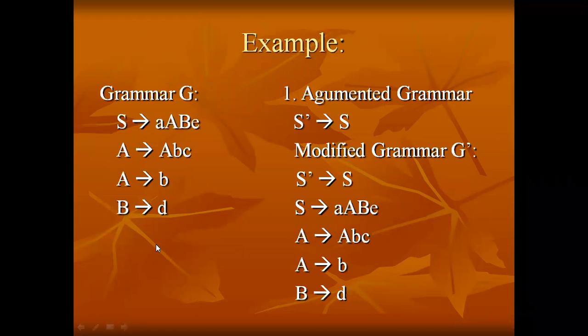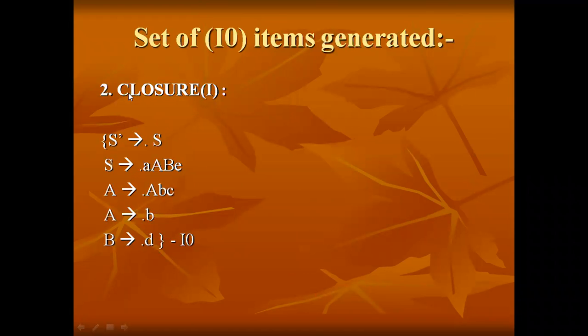What's the difference between this grammar G' and the closure of I grammar? Here we compute the function closure of I. The difference is that in the initial step, step number 1, we are not inserting any dot operators at the starting of the right hand side of the rules.